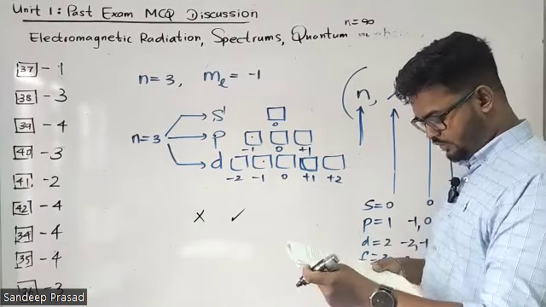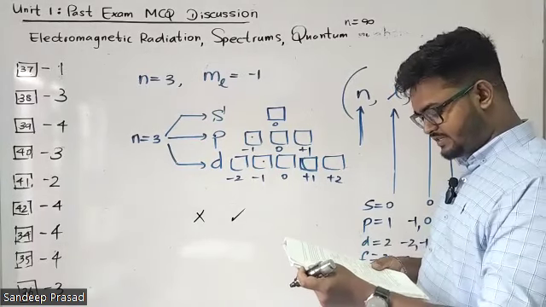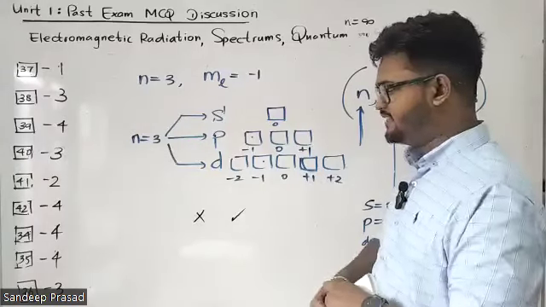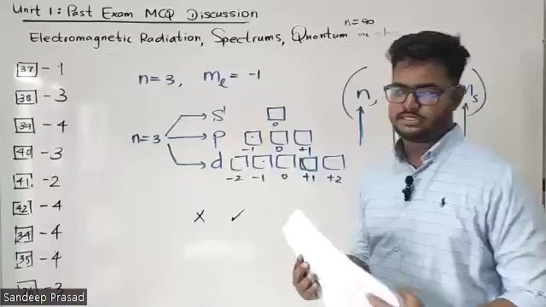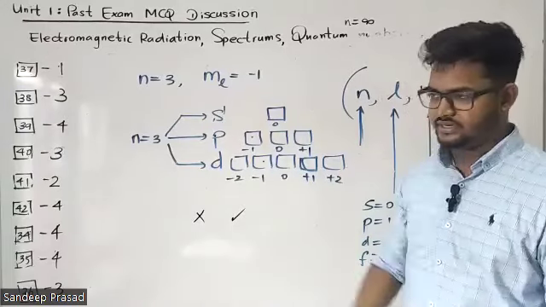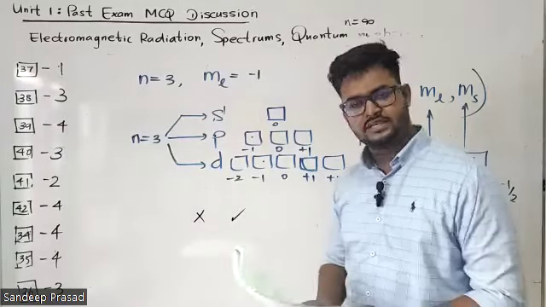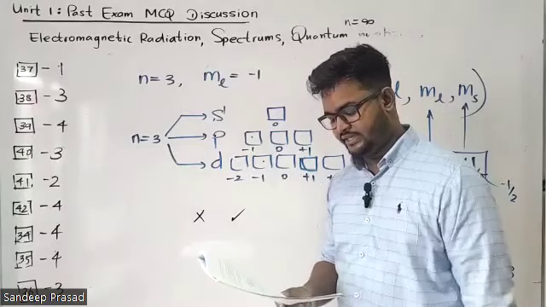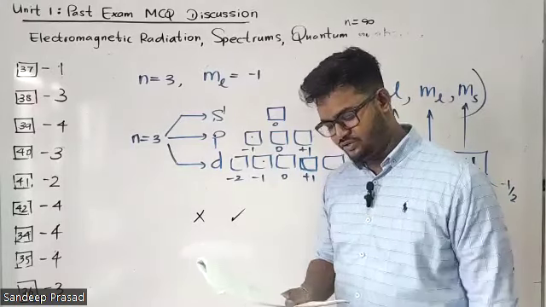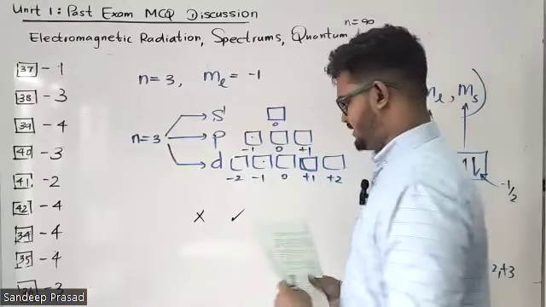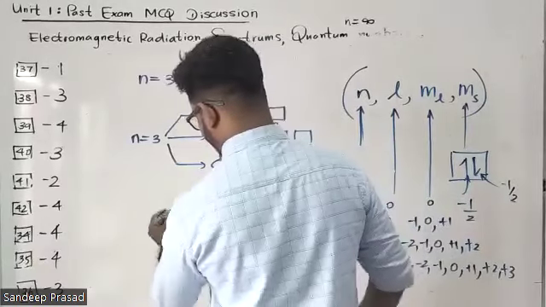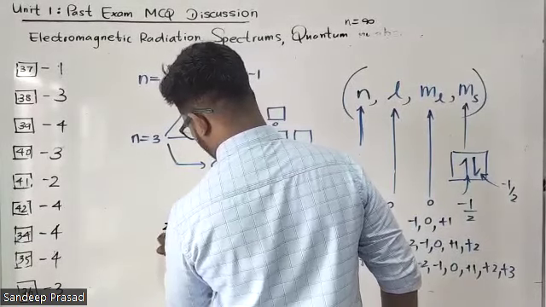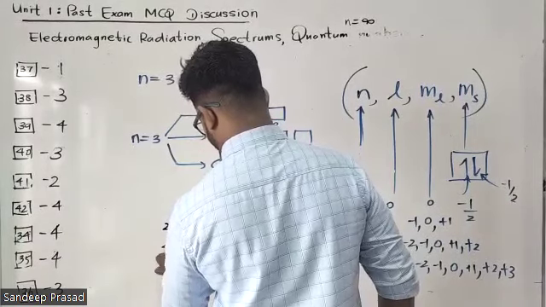Then the next one, question number 43. Which of the following statements is true with regard to the electromagnetic radiation of wavelength 200 nanometers? Look at the first one. It has a higher frequency than the radiation of wavelength 400 nanometers. Remember, students, when you compare wavelength and frequency, wavelength is 200 nanometers here, 400 nanometers here.